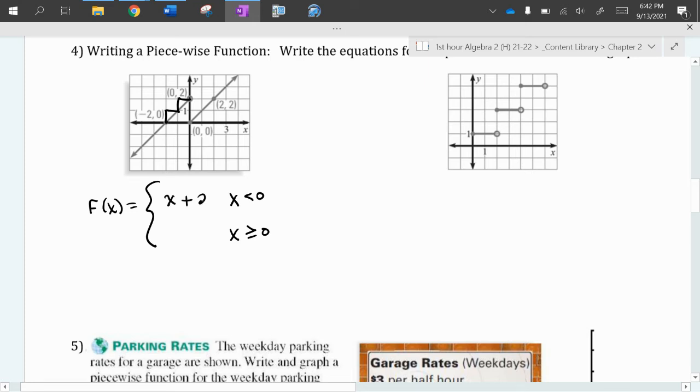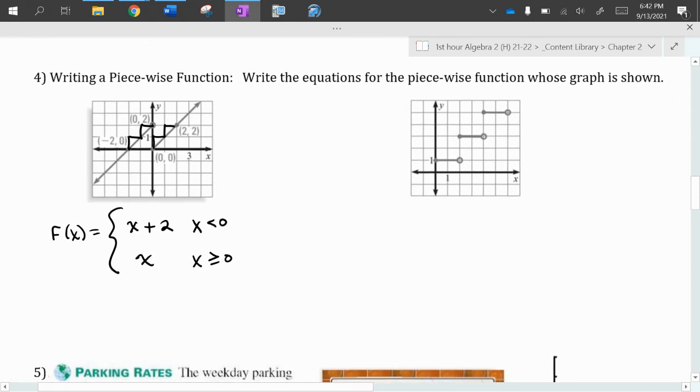So that would be y equals x plus 2 if x is less than 0. And the other piece I'm noticing also has a slope of 1. I'm counting the rise over run. And it has a y-intercept of 0. So that would just be y equals x if x is greater than or equal to 0. So we can use our clues from our graph to figure out the equation of both rays and get our inequalities.